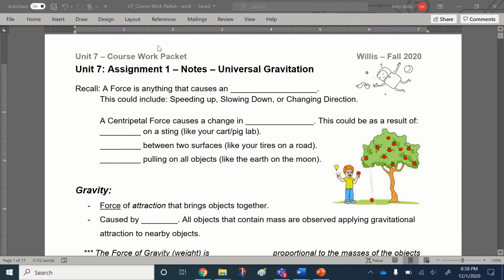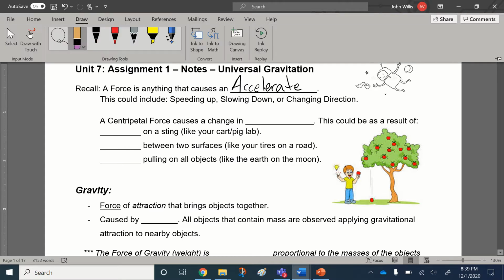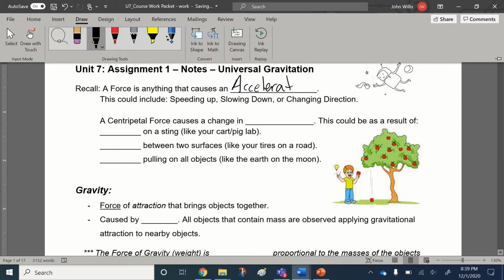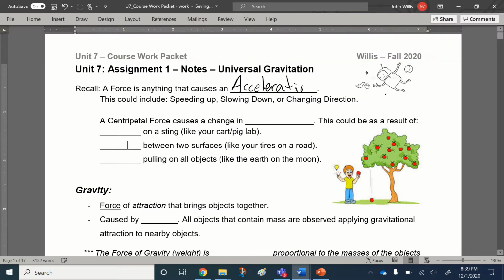So recall first and foremost that forces, what we literally just got done talking about in Unit 5, are anything that cause objects to accelerate. Forces are anything that cause an acceleration.